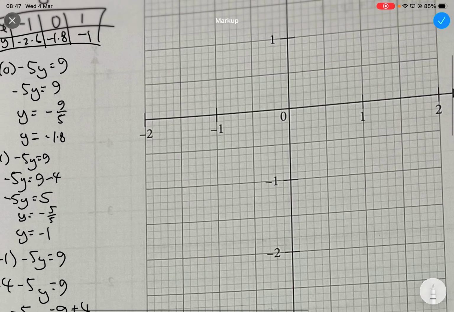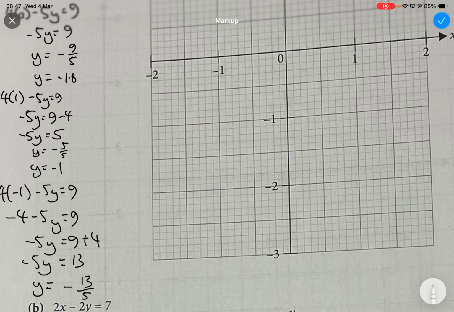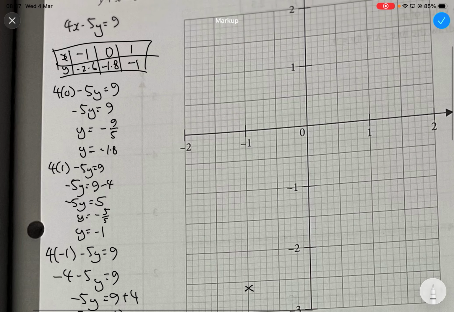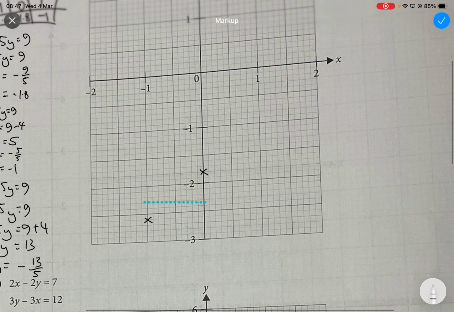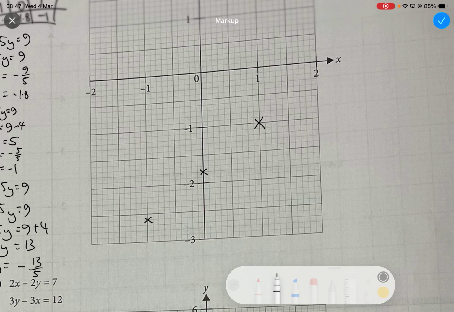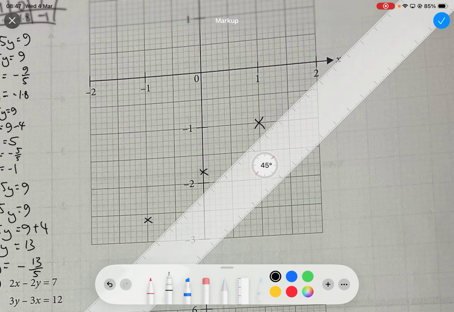Then I have my 3 points. Negative 1, negative 2.6. So here, 1 point. 0, negative 1.8. Here, another point. 1, negative 1. 1 more point. Okay? So my first line should look like this.